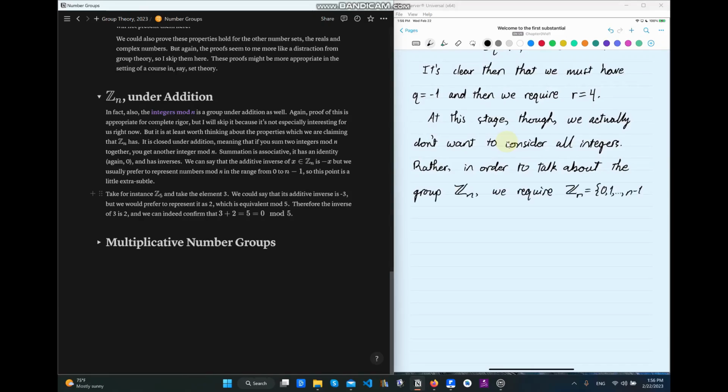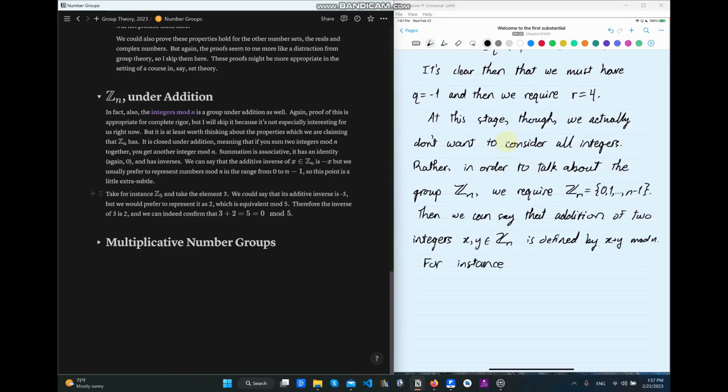At this stage, though, we actually don't want to consider all integers. Rather, in order to talk about the group Z mod n, we require that Z mod n is just equal to the set of 0, 1, and so on up to n minus 1.